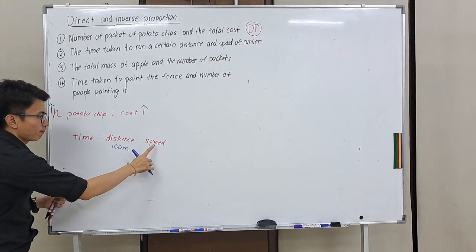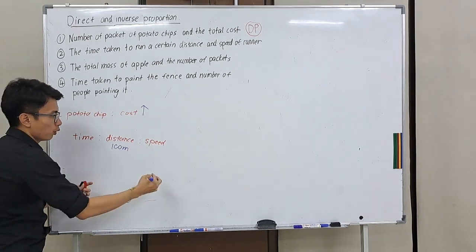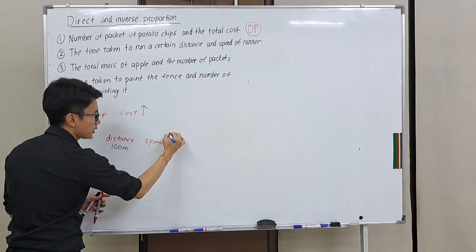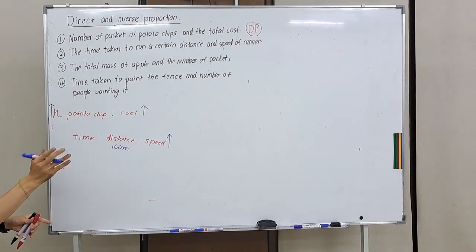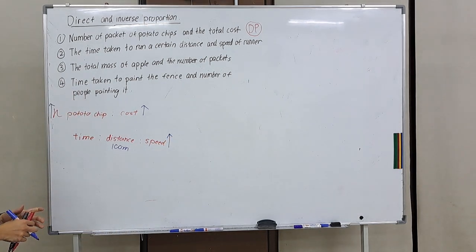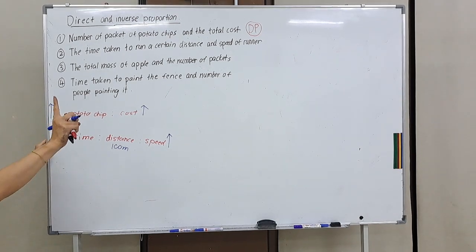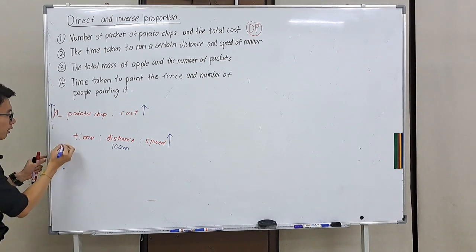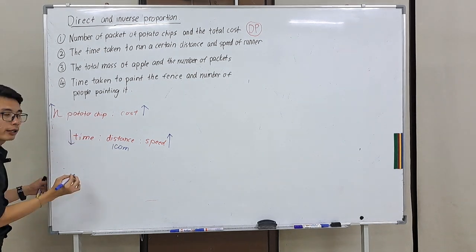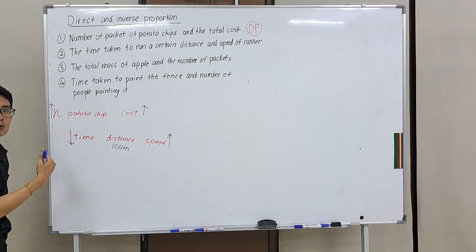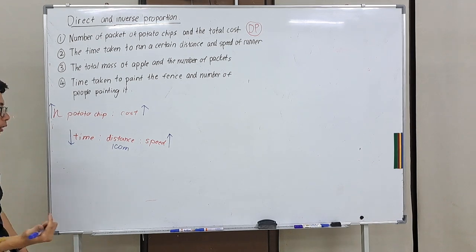So think about this. If I were to increase my speed when I'm running in this race, what do you think will happen to the time? I run faster, I should take less time to complete, correct?